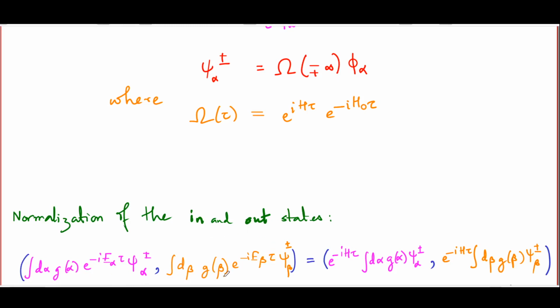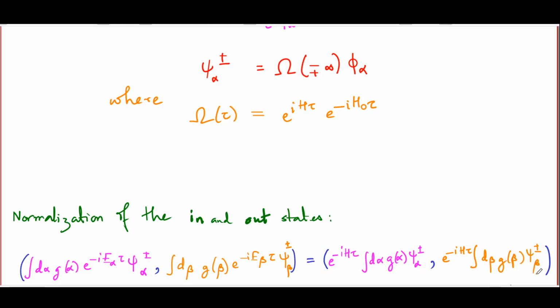The other one is a similar integral, but this time with psi beta plus minus, where the corresponding in or out states may be described by other different particle labels, and you are taking the inner product between the two. Of course, these two vectors are e to the minus i H tau acting on this particular vector and e to the minus i H tau acting on this particular vector, respectively.